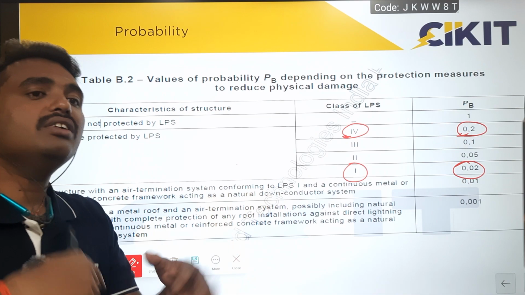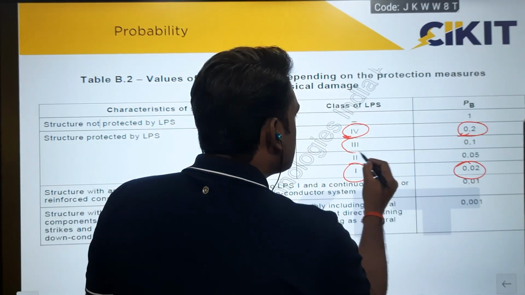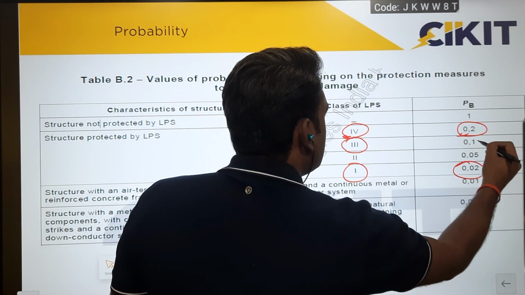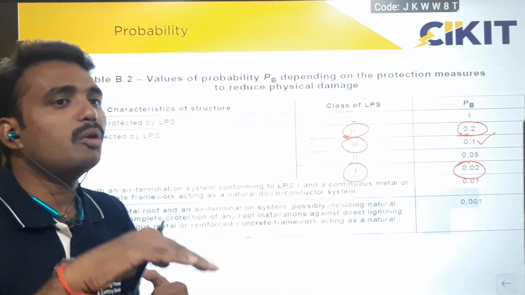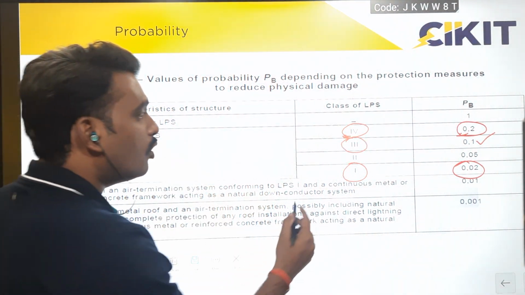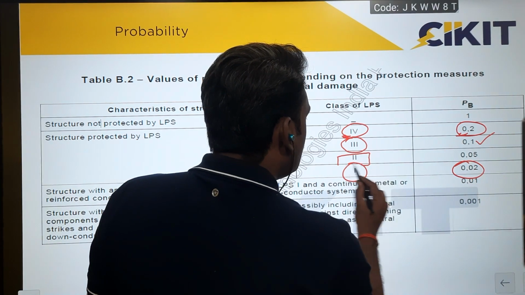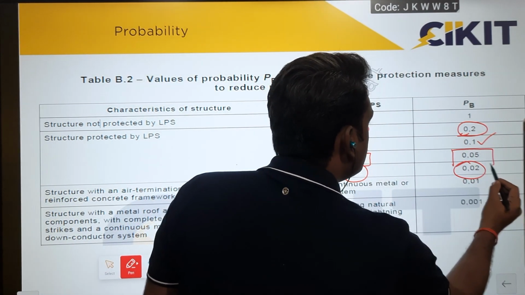If the value is still higher, then I will update the calculation with level 3. In that case, I will repeat the same calculation with the updated value of 0.1. Still, if the value is higher, then I have to go for level 2. While going for this level 2, I will be considering the value 0.05.